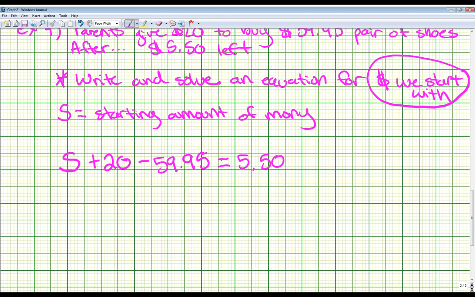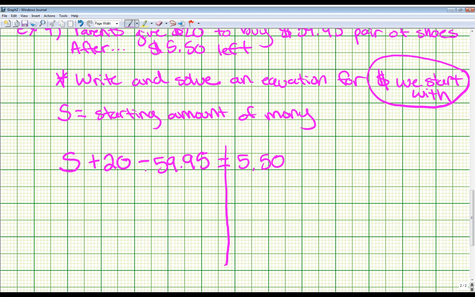So we've done the first part. We wrote the equation. Now we need to solve it. So what we can do here is I see a little operation in here that we can actually do to decrease what we've got going on inside of our equation. So if we draw our little line down the equal sign, just like we did up top, and we actually solve the same way, I see subtraction here of $59.95.